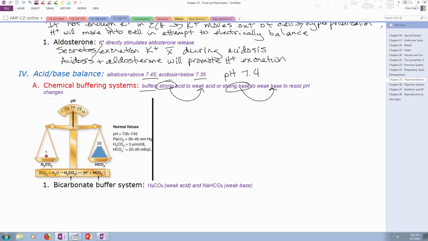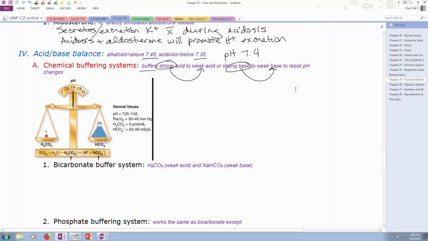So let's take a look at our little items here in the chemical buffering system. We have carbonic acid on one side and bicarbonate ion on the other side. We have much more value from the bicarbonate buffering system than we do from the carbonic acid system, but it is this equilibrium.